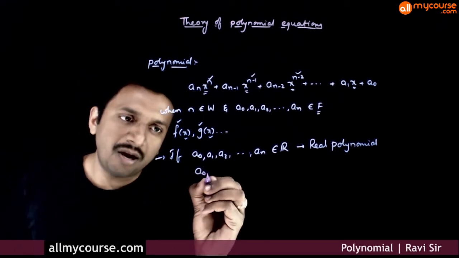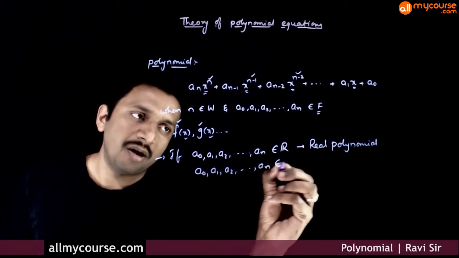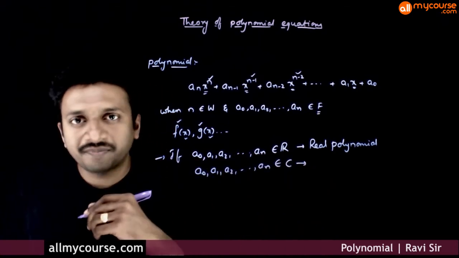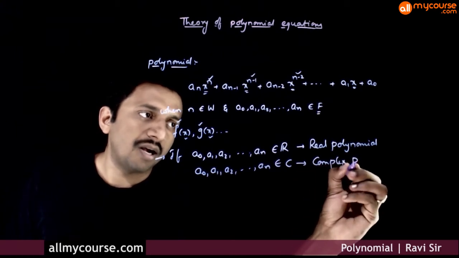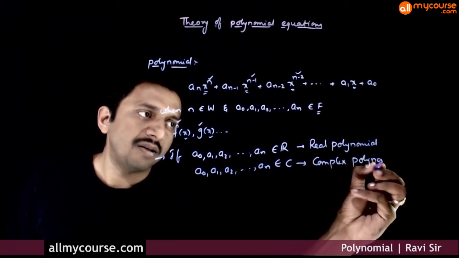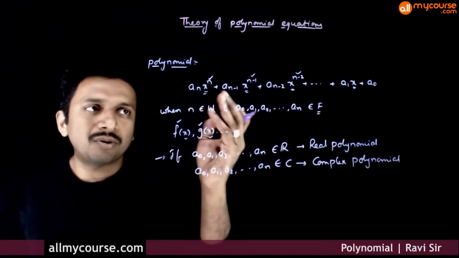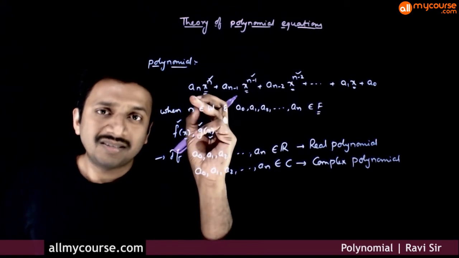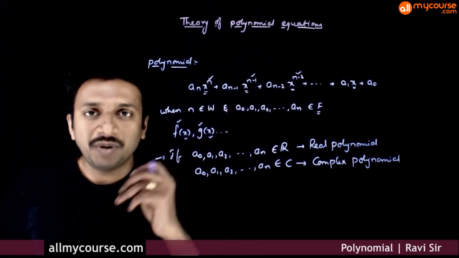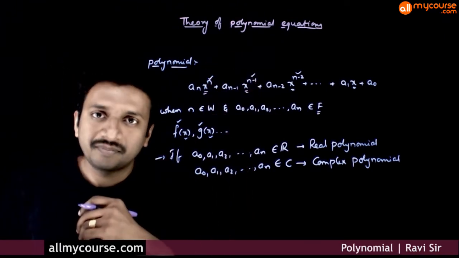So if a_0, a_1, a_2, and so on up to a_n belong to the set of complex numbers, then the polynomial is called a complex polynomial. You can have these coefficients in any set. Whatever the set to which these coefficients belong, we say that this is a polynomial over that set.